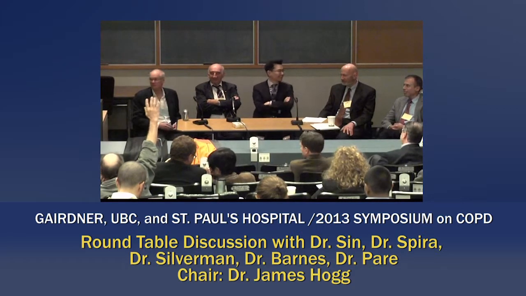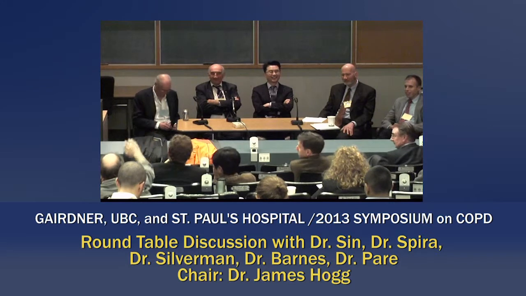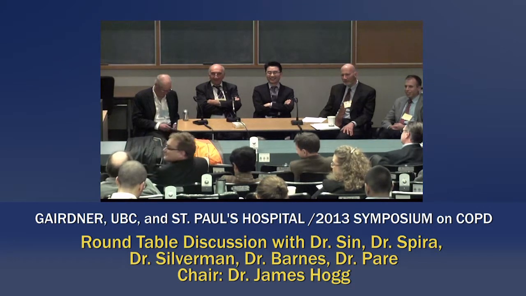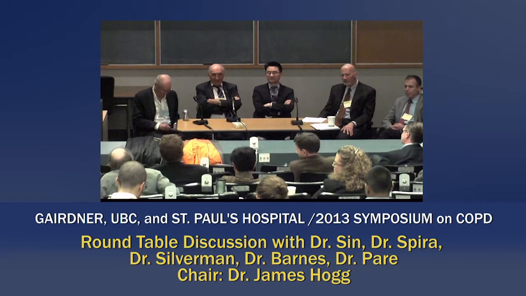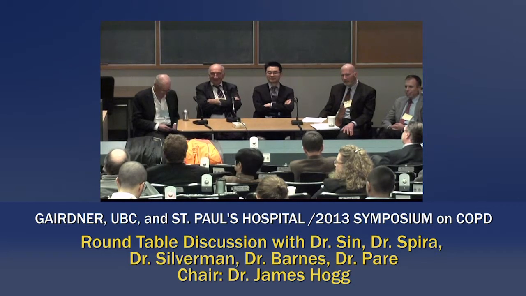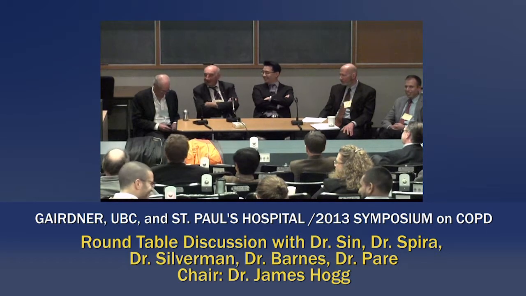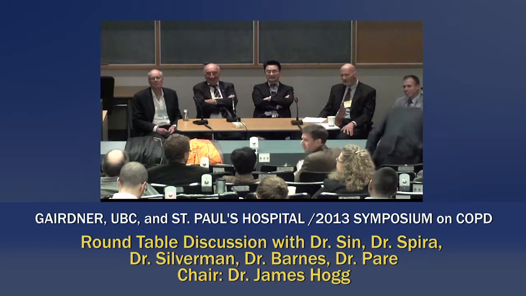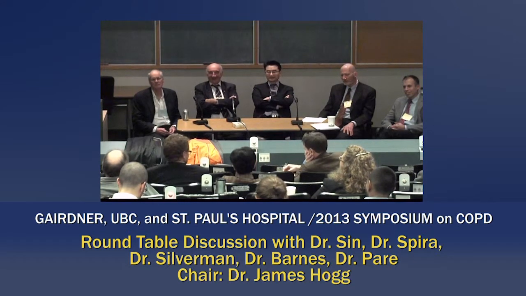Are there other comments? Yes, a question there. Yes, this will be a completely uncontroversial statement that Dr. Barnes made earlier this morning: the largest risk factor for COPD, bigger than smoking, is poverty. And there are very low side effects to poverty reduction. What are the examples? There are some examples of interventions to reduce poverty.